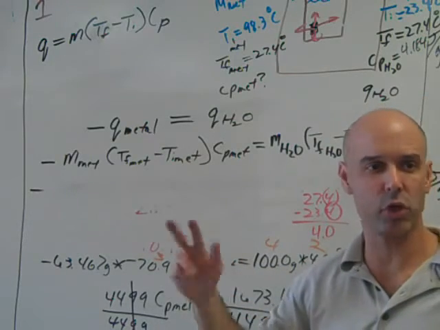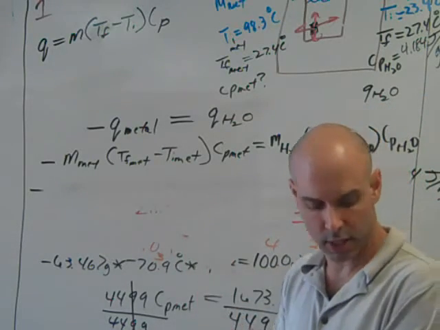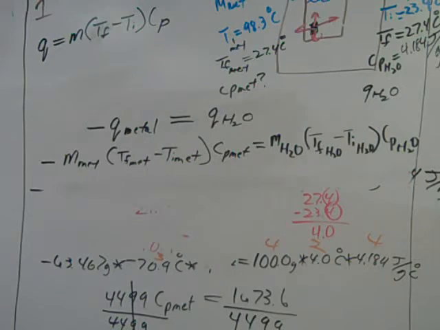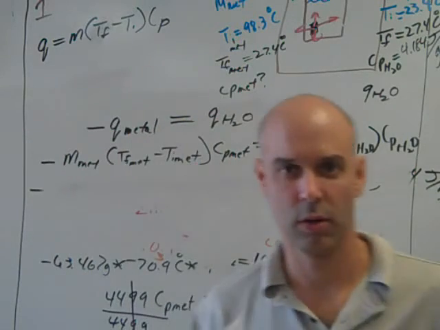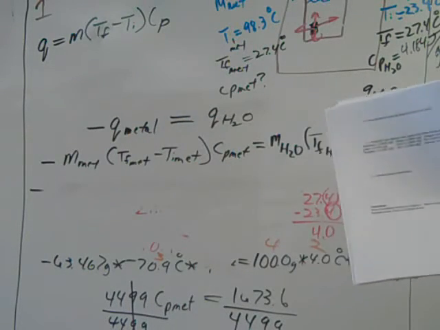And then you'll average trial 1 and trial 2 together. And from those two trials, you will predict what your compound is, because the sheet that I'm handing out gives you the specific heats.